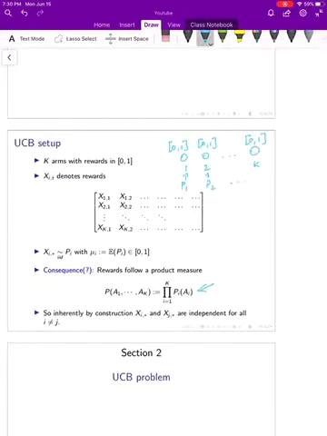We denote the reward for arm i at time t as a random variable X_i,t.